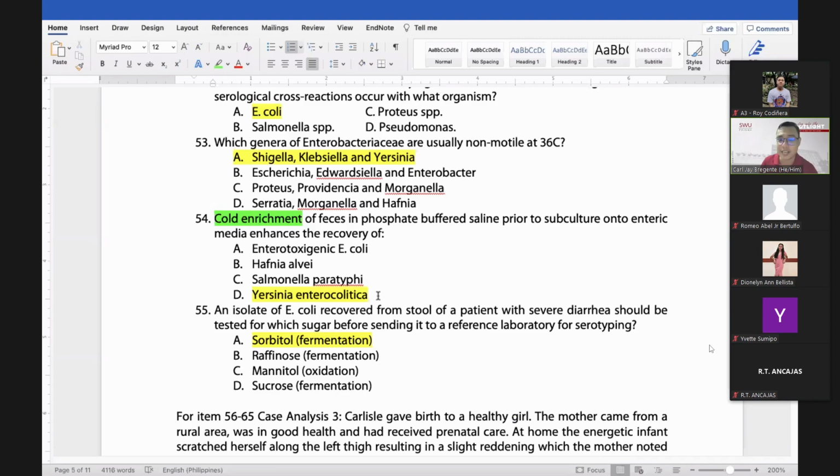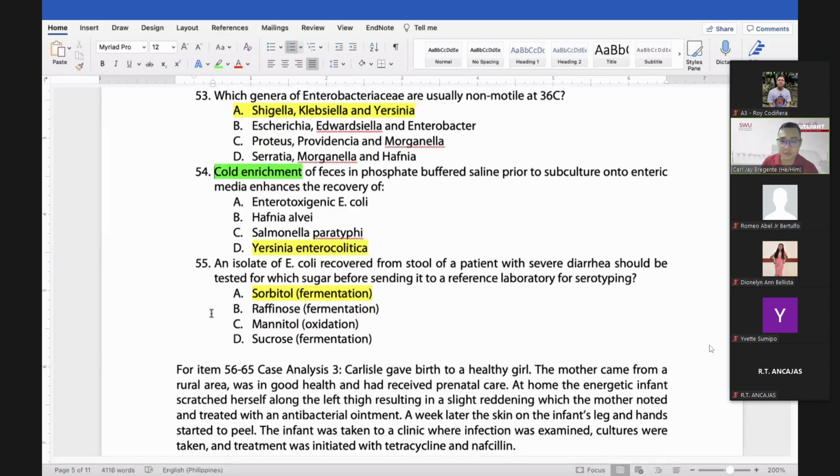Particularly Yersinia enterocolitica. That is why Yersinia enterocolitica is one of the possible blood contaminants in your blood bag, because they grow at refrigerated temperature. Your Listeria also will require cold enrichment for growth. Okay.